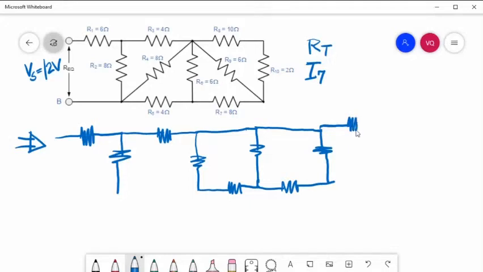This is your R8 and R10. This is your source.